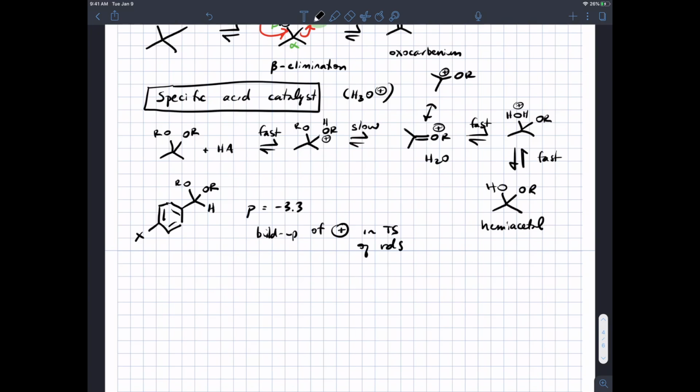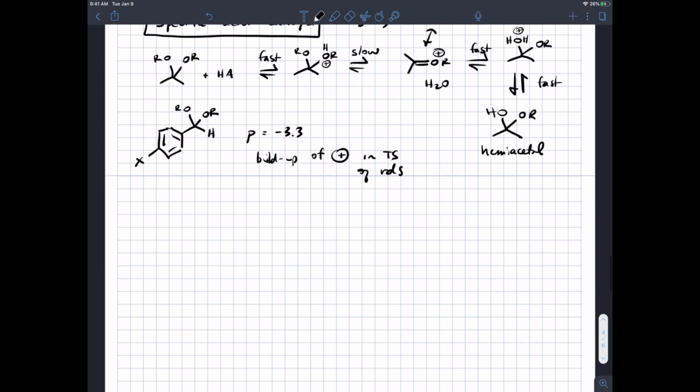However, if your OR group is a good leaving group, you can start to see general acid type catalysis. So let me give you an example of a case where your OR group is a decent leaving group. So what if it was para-nitrophenol or something like that? Let's actually just make it phenol so that it's not too challenging.